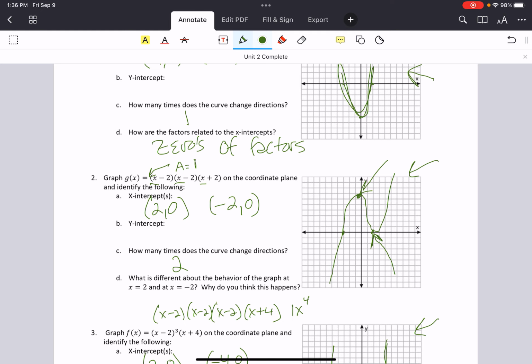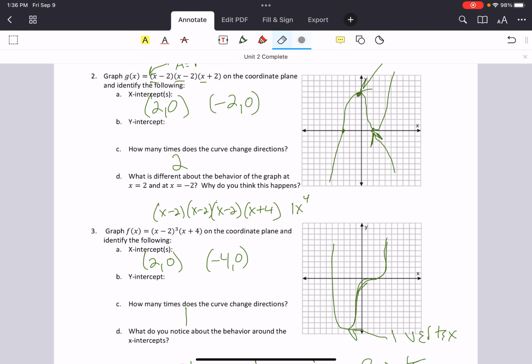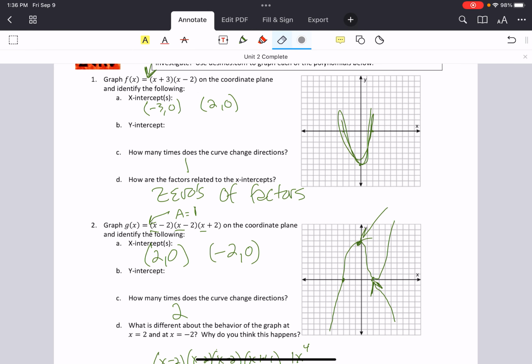Okay, one more thing: we're going to learn a new concept called end behavior, okay? So the idea of end behavior tells me what the graph is doing as I go to the left and to the right. It's another way to think about maybe domain and range or concave up and concave down. But the reason it's useful is because when you did quadratics, we could just say concave up and concave down because quadratics are always only one or the other, right?